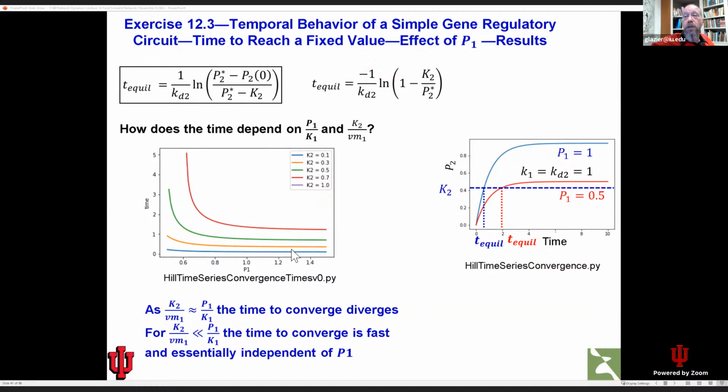K1 is 0.1, it's basically independent of P1. As K2 gets bigger, I'm pushing further and further up, and I get more and more sensitive. It takes longer and longer for small values of P1. That's something we can play with. The program that does it is this Hill time series convergence times V0.